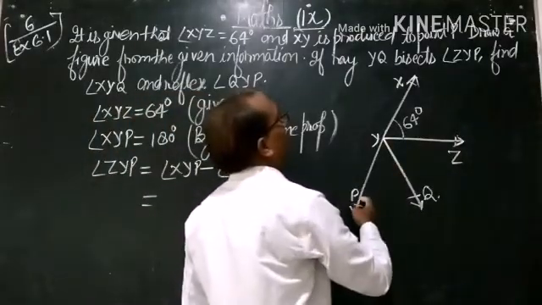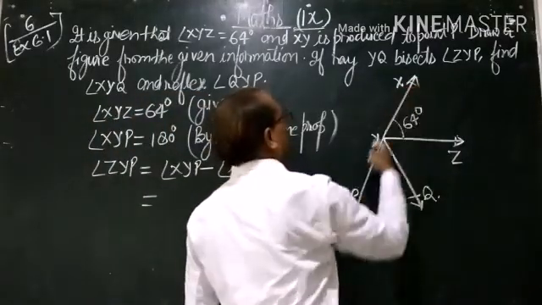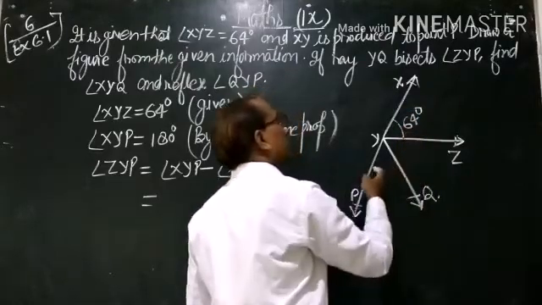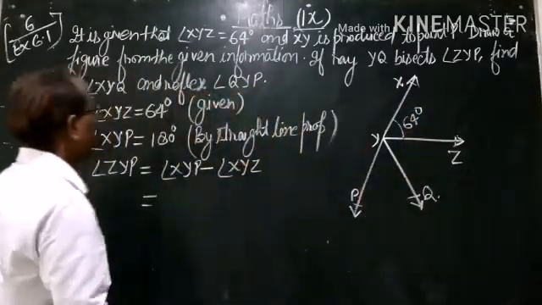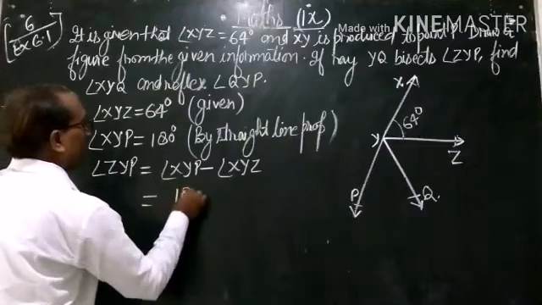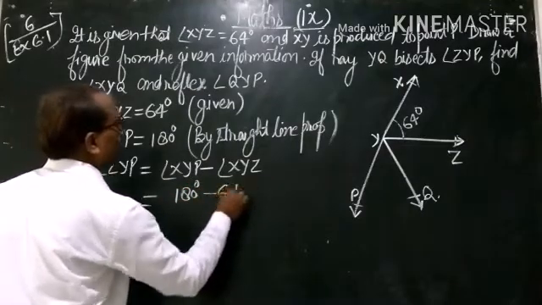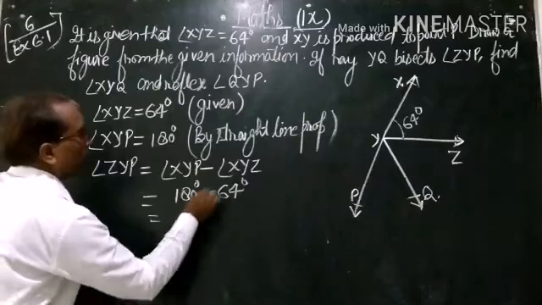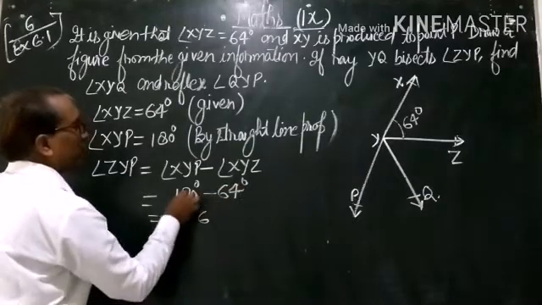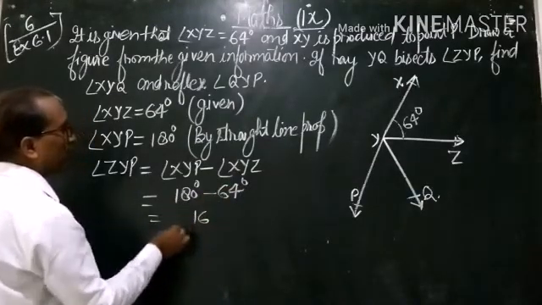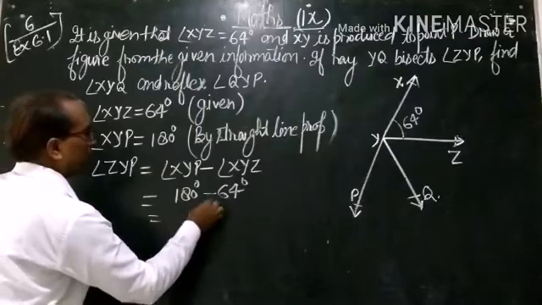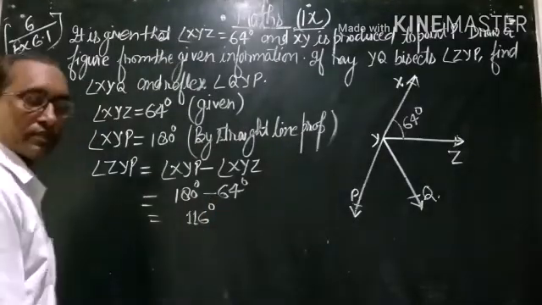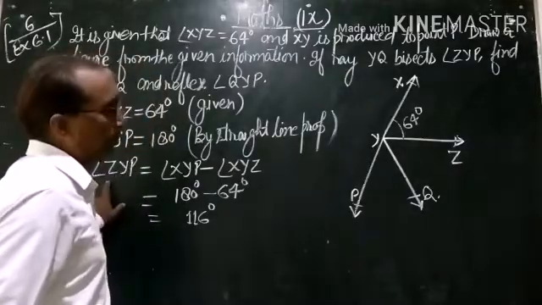ZYP means this angle is equal to angle XYP minus angle XYZ, then you get this angle. 180 degree minus 64 degree, that is equal to 116 degree. Angle ZYP.